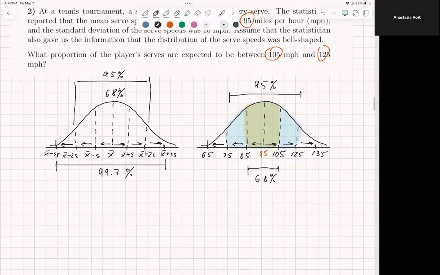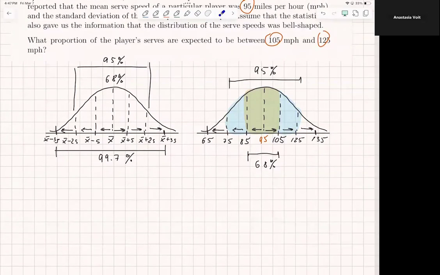Now, what we want is only this side, only this portion. We don't even need this portion. So we are interested only in this portion. So we want to know what is the percentage of this blue area with the laser. Okay, so how to find that?